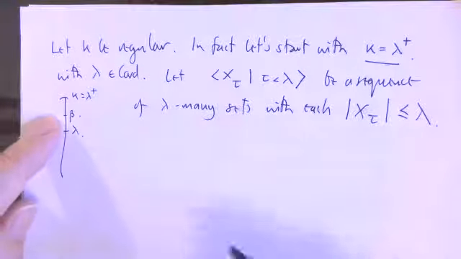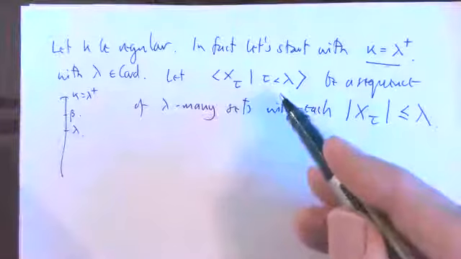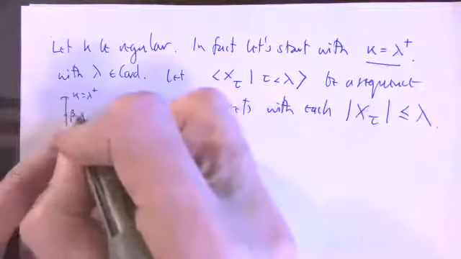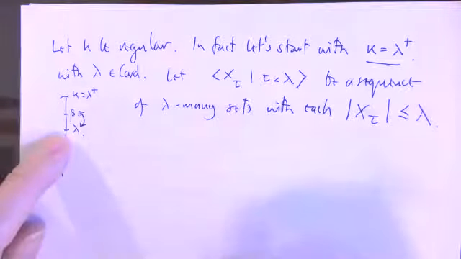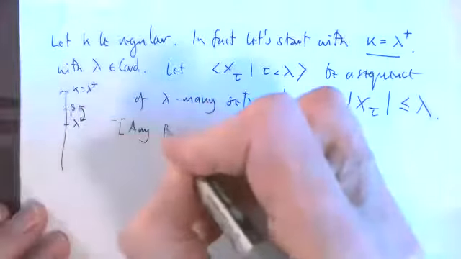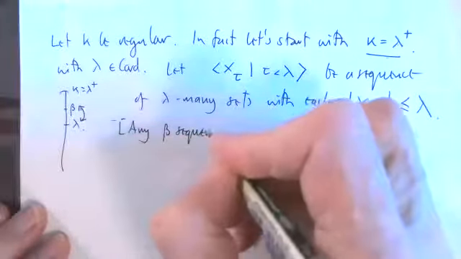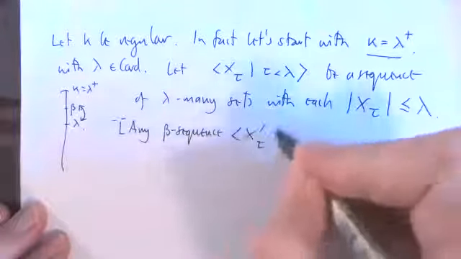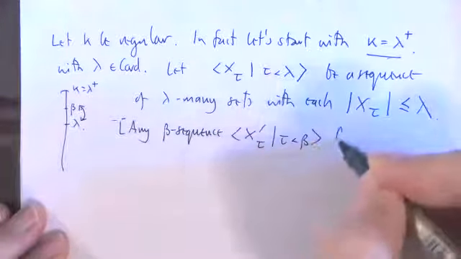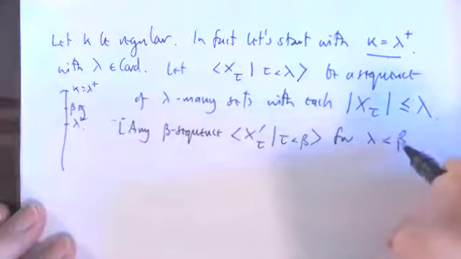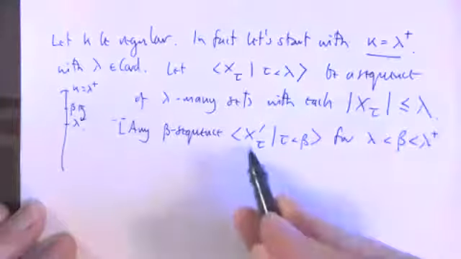I'm going to give you a beta sequence of sets, but I can always rearrange those to form a lambda sequence because there's a bijection between beta and lambda. So this isn't really part of it. Any beta sequence, x prime_tau, for some beta between lambda and lambda plus, can be arranged into a sequence like this.